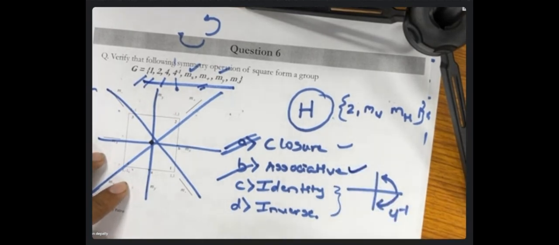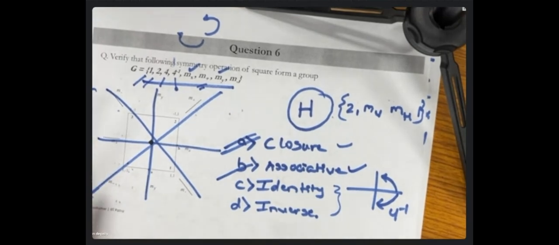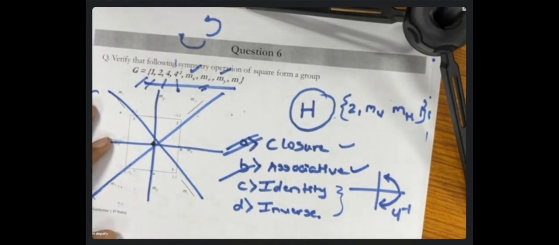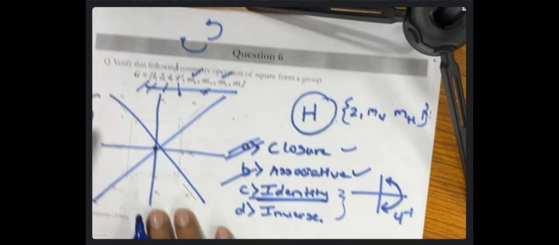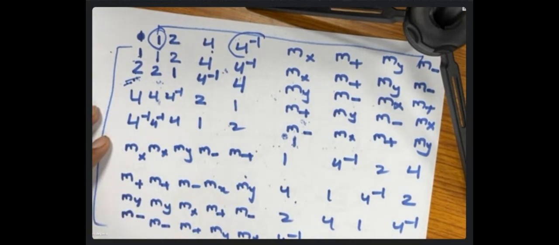Associative: we know that 2 followed by 2 and followed by 4 is the same as 4 followed by the 2. So in the case of crystallography symmetry, we can say the associative property is followed. Identity: there is an identity for all of them. Identity means nothing is going to change. 1 is already available to us and it's not going to change anything.